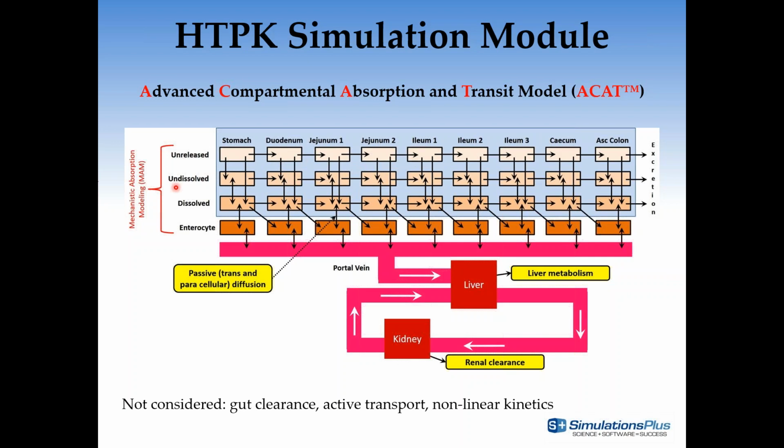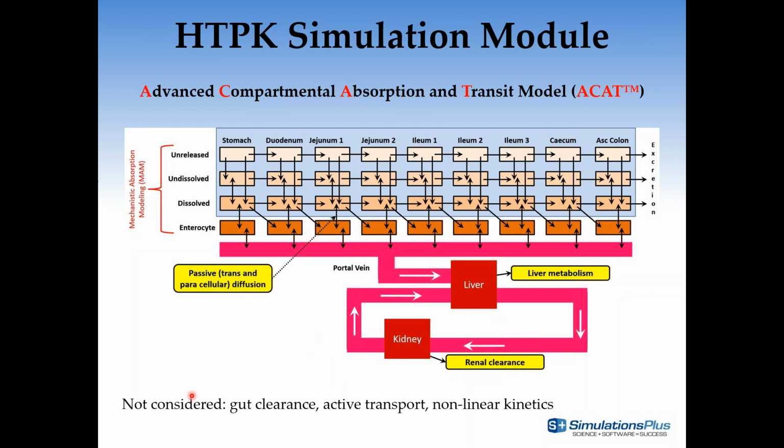And through a set of differential equations, we are modeling the amount of drug that is undissolved, dissolved, or that has permeated into the enterocytes. Most of the parameters for this model can be adjusted just as they can with GastroPlus. And then, of course, as I mentioned, we have the compartmental simulation that involves both liver metabolism and renal clearance.